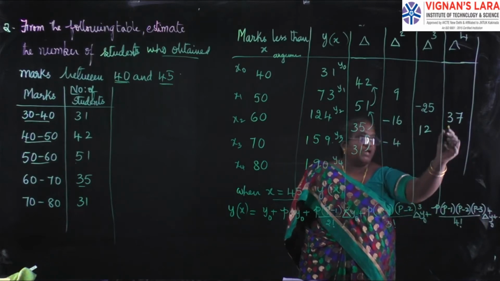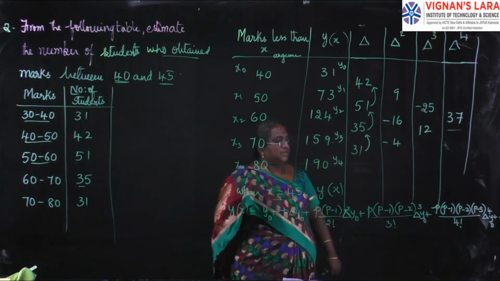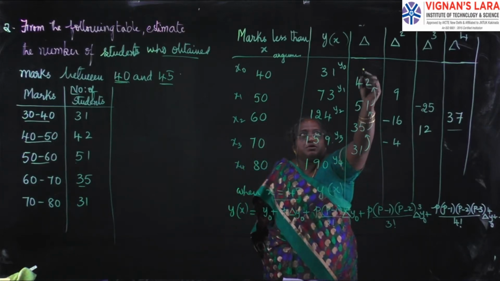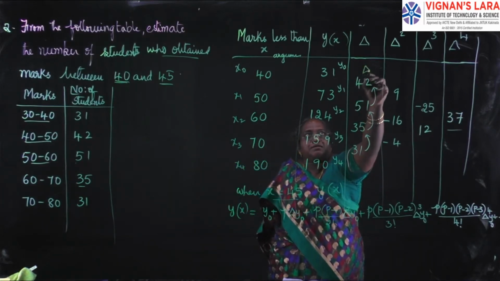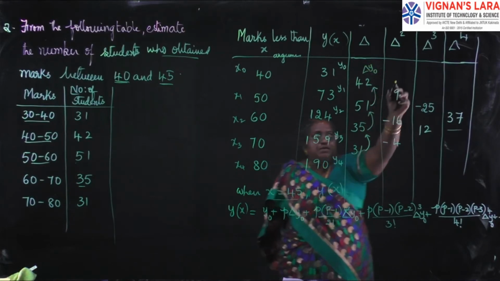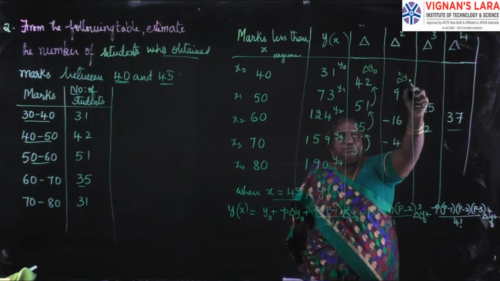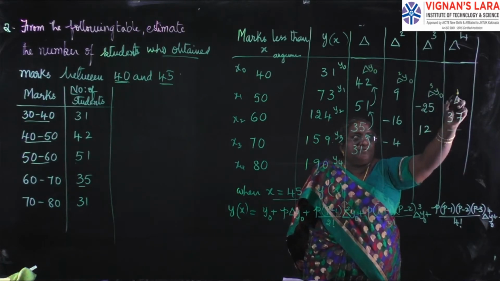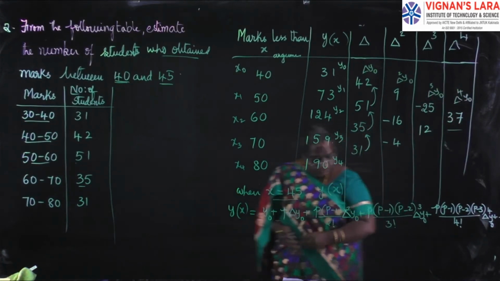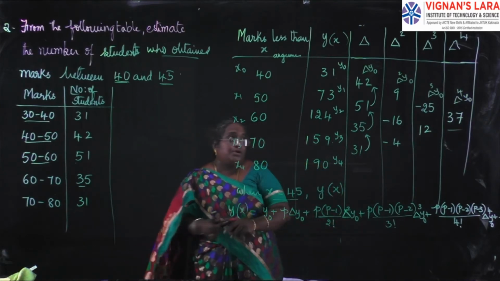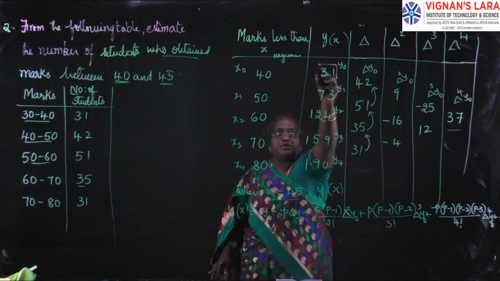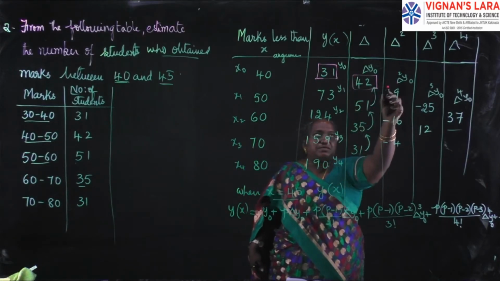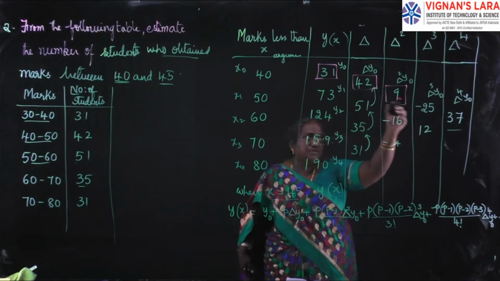Because we have up to the fourth forward difference, I am just stopping there, but we have terms beyond that also. Correspondingly, this is del y naught, del square y naught, del cube y naught, del power 4 y naught. So now we are going to use these values in the formula, because those are the terms that appear in Newton's forward interpolation formula.